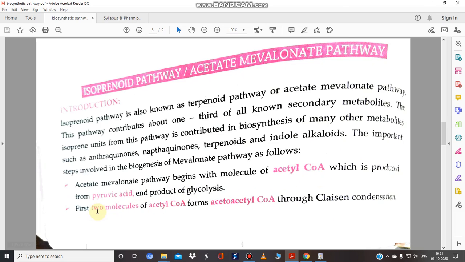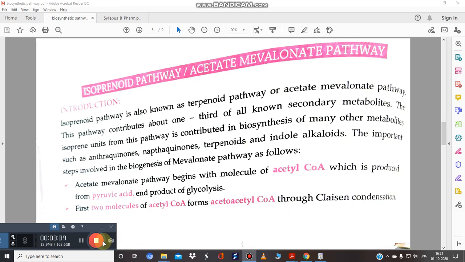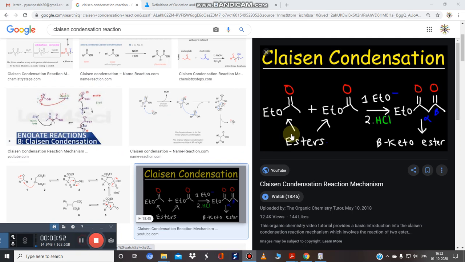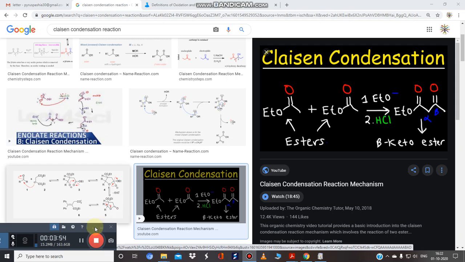The first two molecules of acetyl coenzyme A form acetoacetyl coenzyme A with the help of the Claisen condensation reaction. As you look here, that is a Claisen condensation reaction. It is a carbon-carbon bond forming reaction that ultimately produces beta-ketoester or diketone derivatives. This is a simple representation of the Claisen condensation.